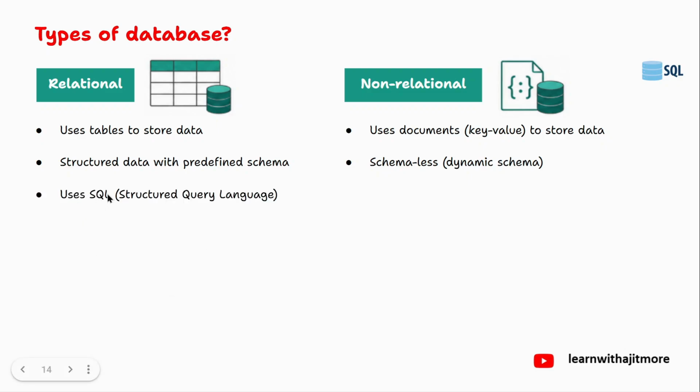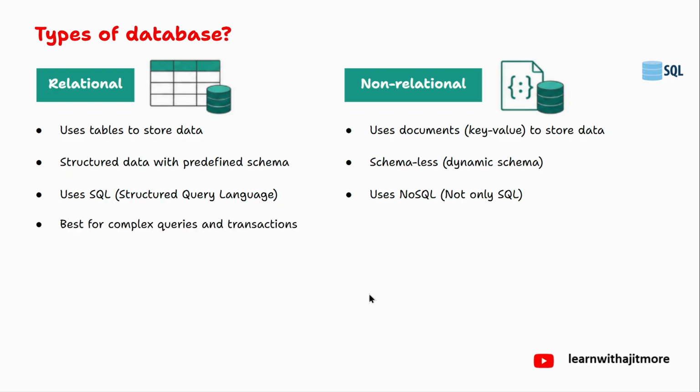With a relational database, you use SQL. There is only one standard language by which we can talk, that is SQL. Here they call it NoSQL, meaning not only SQL. Correct? They have their own libraries. Relational is best for complex queries and frequent transactions.